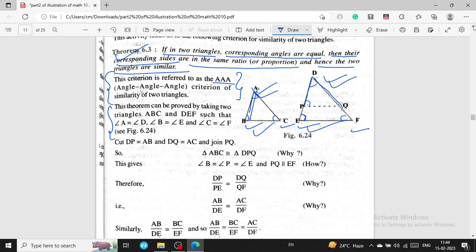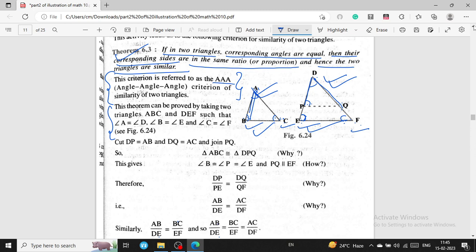And so if angle B is equal to angle E, then angle B is equal to angle P. If angle C is equal to angle F, then angle C is equal to angle Q. And so DP over PE is equal to DQ over QF, and on the other side AB over DE is equal to AC over DF, which will be equal to BC over EF, or AC over DF.